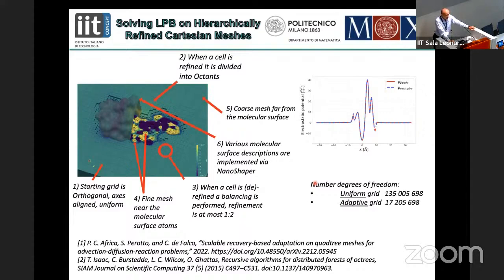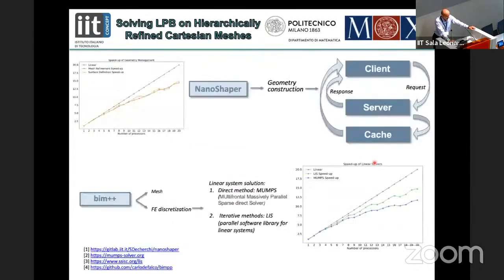And we compared, as you can see in this plot, the results around the surface against what is provided by Delphi, and we get a very good agreement. We interfaced this code with NanoShaper, so for the molecular surface, everything is fine.